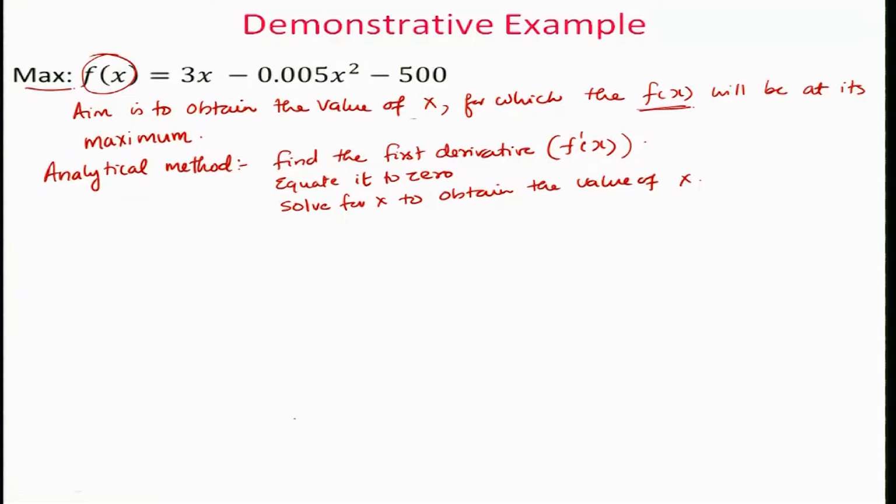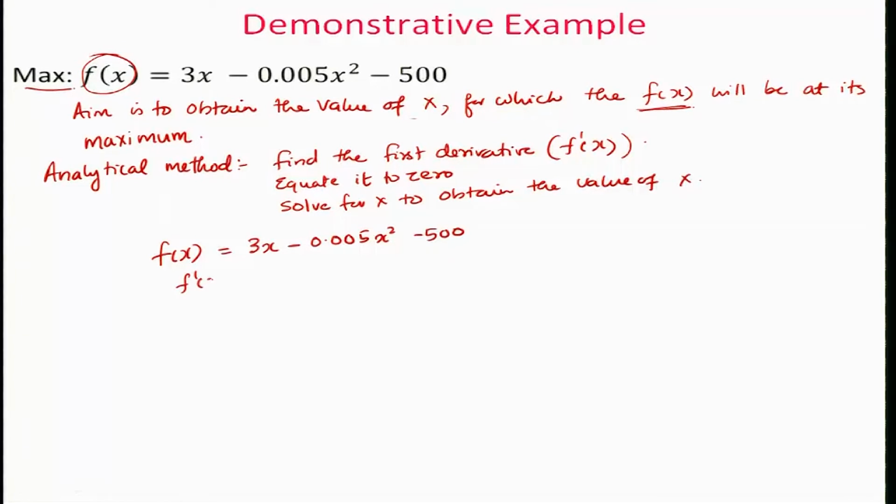Okay. So, let us see how it is done. Your f of x is equal to 3x minus 0.005 x square minus 500.